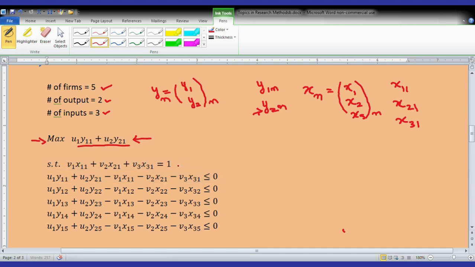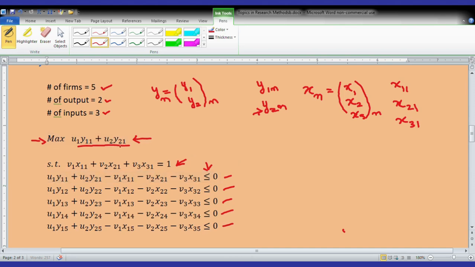The first constraint is the one associated with the normalization. So what we are saying is that we have to select the variables in a way that this left hand side becomes equal to 1, like a constraint. Because it is a maximization problem, we have all the inequalities in the form of less than or equal to, and these are the rest of the equations with which you are familiar because of our class lectures.